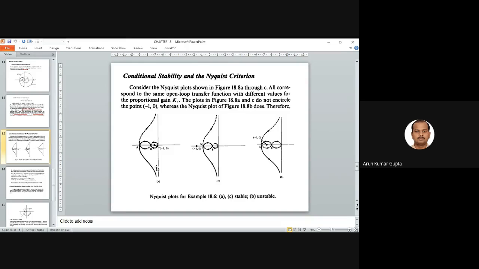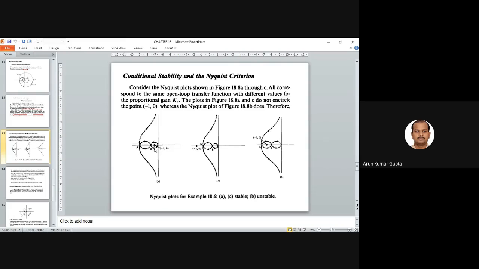It is just moving along this path. It is a safe path. It is just following this path and moving like this, so it is not encircling the point.